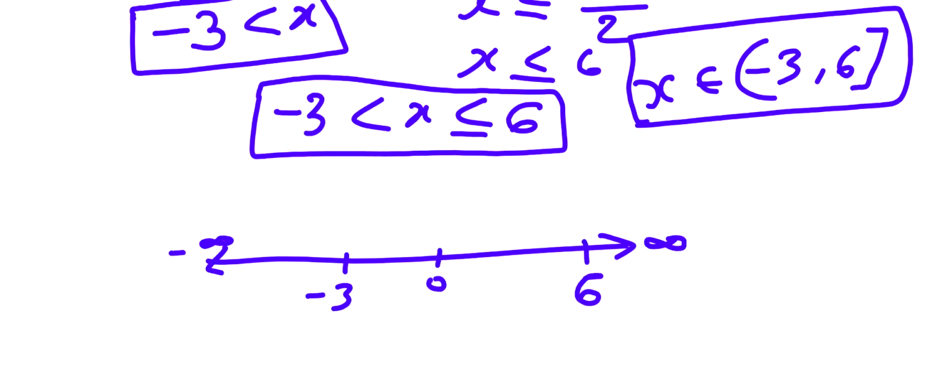At minus 3 there is an open circle because it is not an equal sign. But at 6 there is a dot. And we will color it with a different color. This red color is leaving minus 3 and reaching 6. Got it?